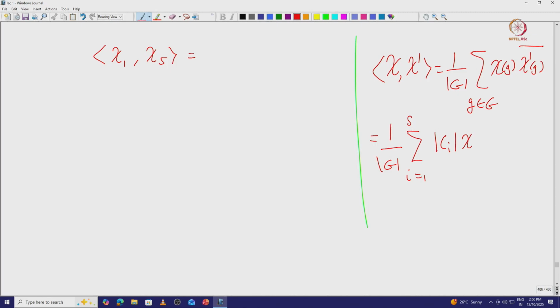So, you get chi of g i, where g i is the representative of C i, and then chi dash of g i bar. So, this is exactly the inner product.